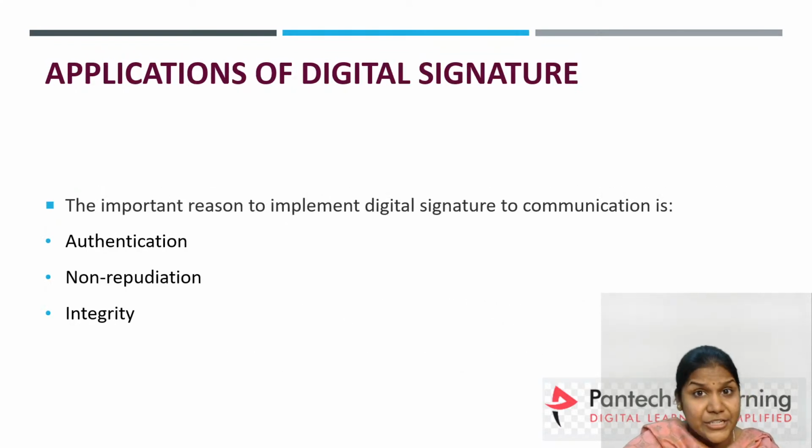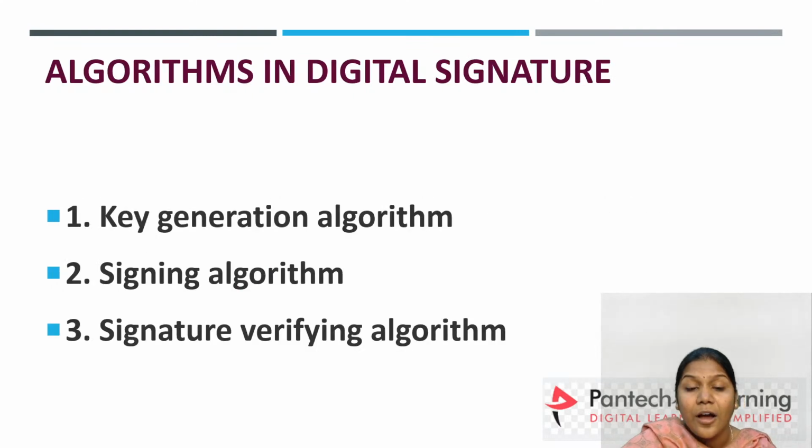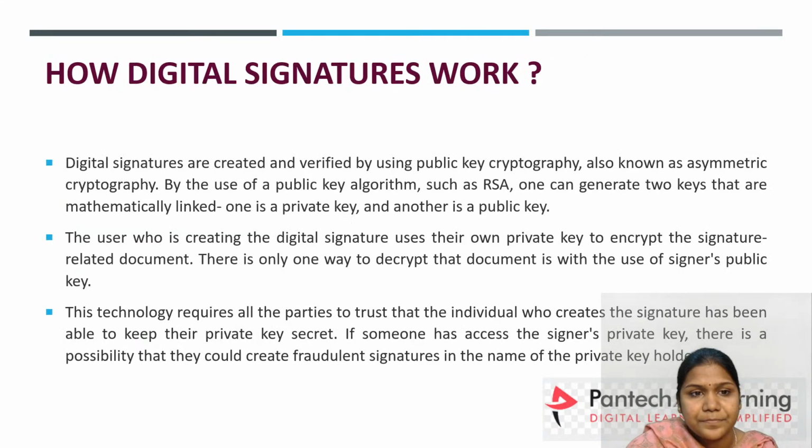Here come the applications where we can use digital signatures: authentication, non-repudiation, integrity. Algorithms: here are a few algorithms, you can just note down the names. Key generation algorithms, signing algorithms, signature verifying algorithms.